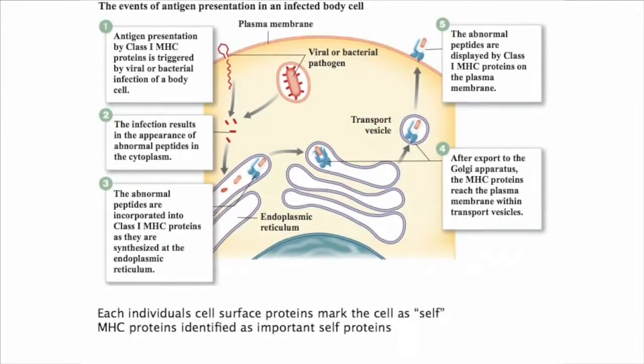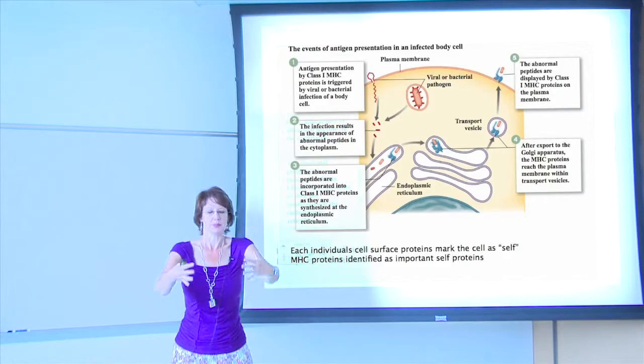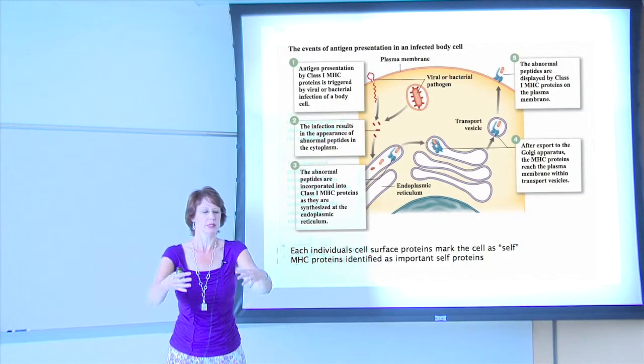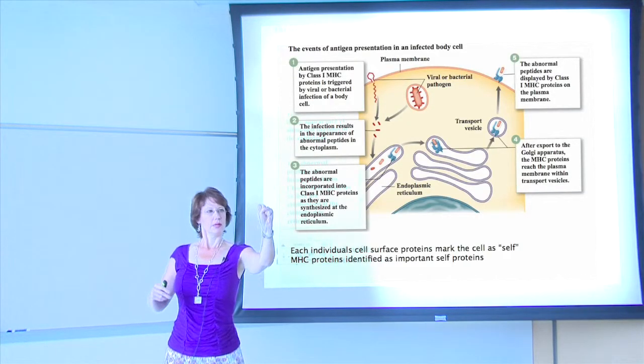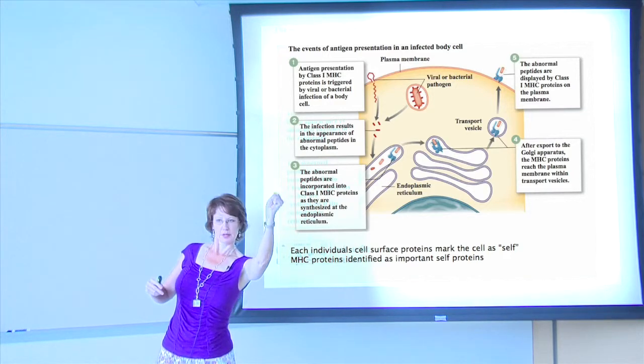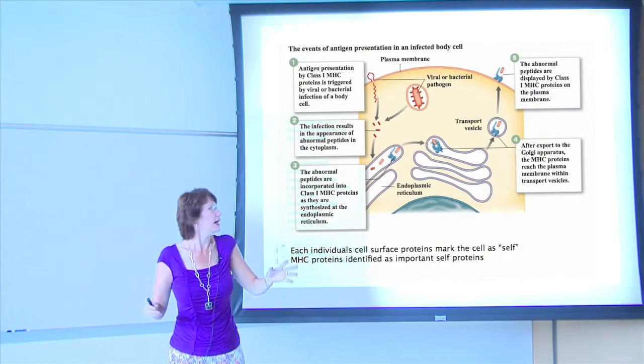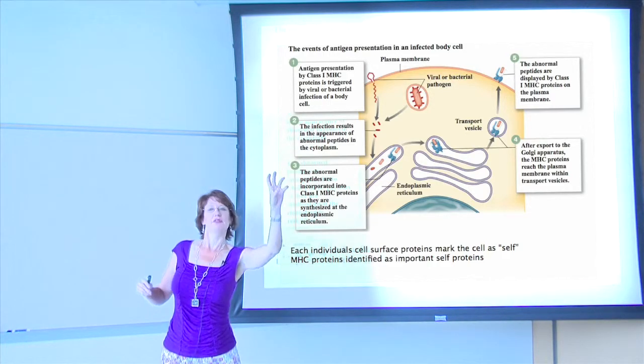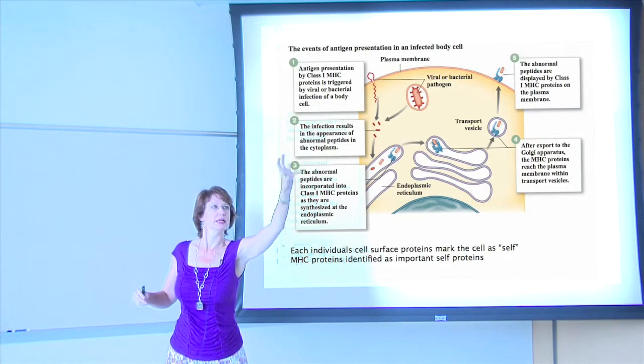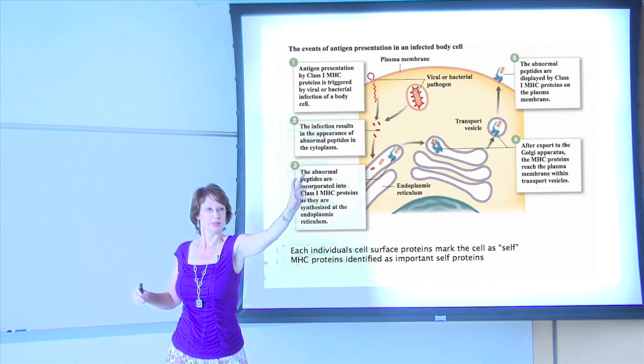It can actually bind to the MHC in the endoplasmic reticulum when it's being made, and then when the MHC becomes part of the membrane, it ends up as a receptor on the outside of whatever cell this is. It could be any cell, and it's got a piece of the virus or a piece of the bacteria that it's holding out on the outside of the cell.